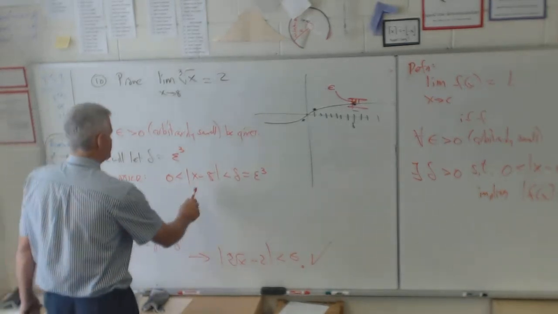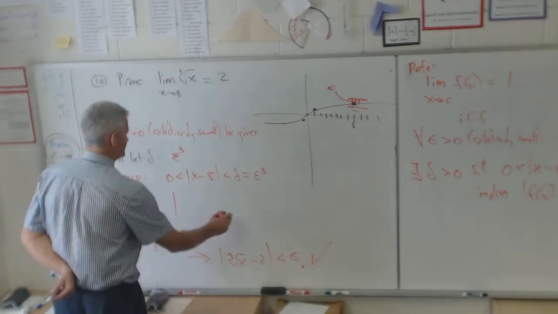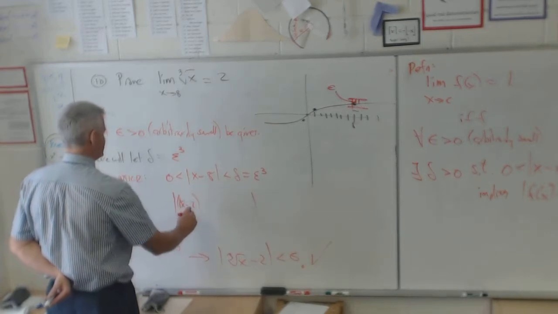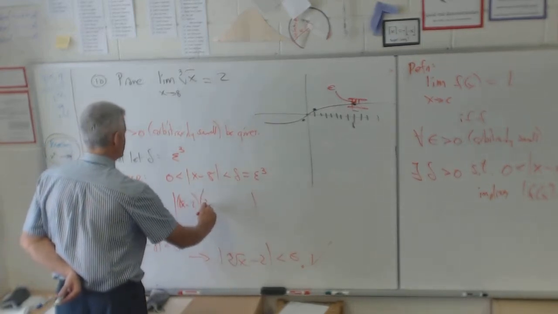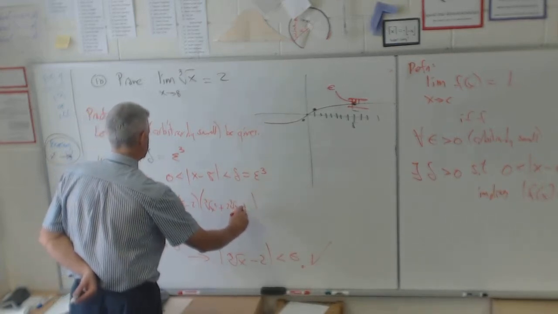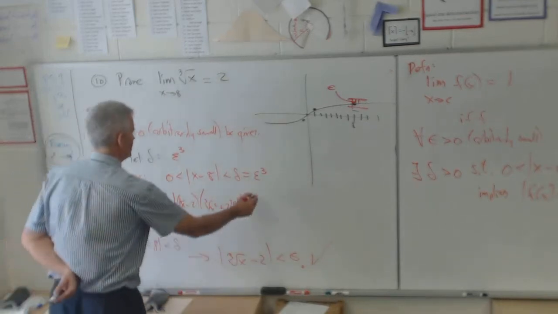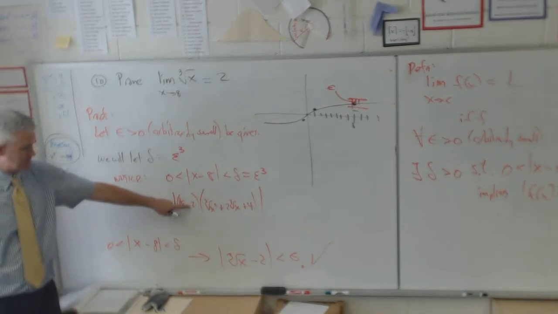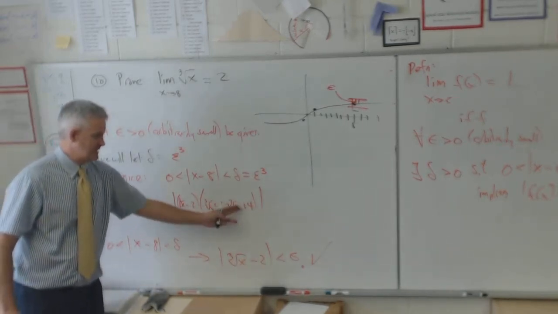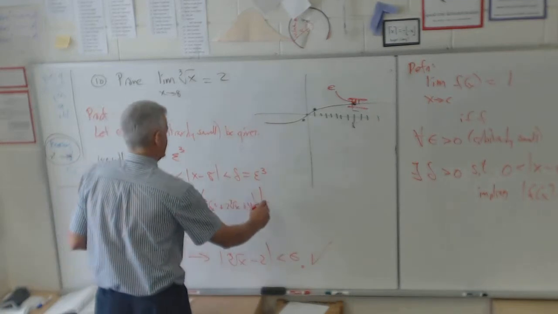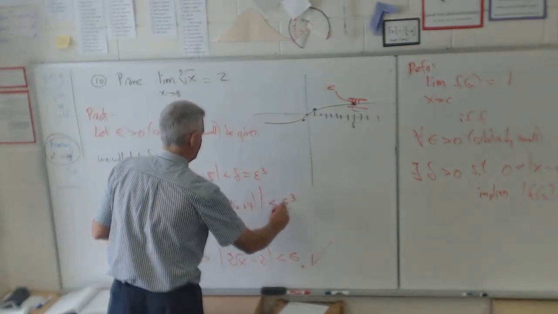Do you realize that x minus 8 factors into the cube root of x minus 2 times the cube root of x squared plus 2 cube root of x plus 4? x minus 8 factors into the cube root of x minus 2 times this business. You agree? Which we know is less than epsilon cubed.